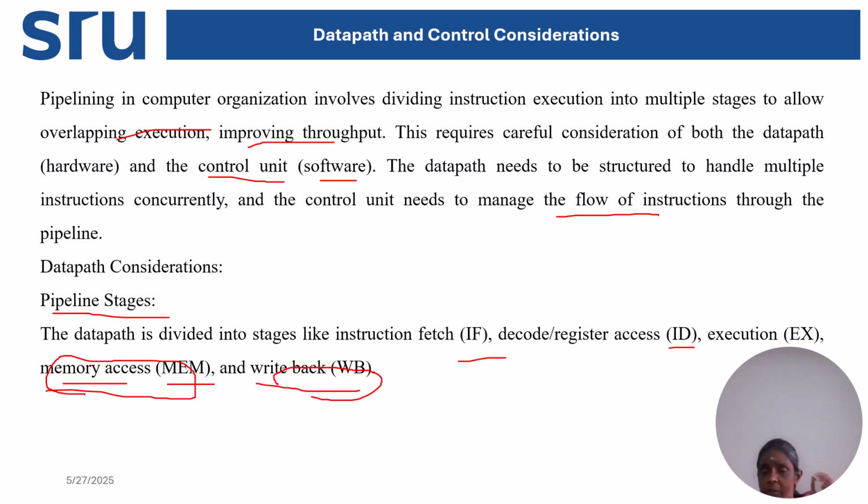And why is this MEM used? Since we are using multiple stages, in between two stages we have a small memory storage for holding the data from output to input. That's all. It will not do any variation on the data.